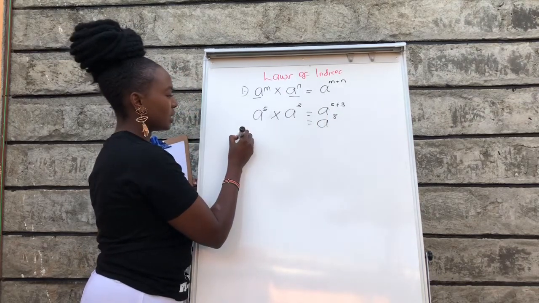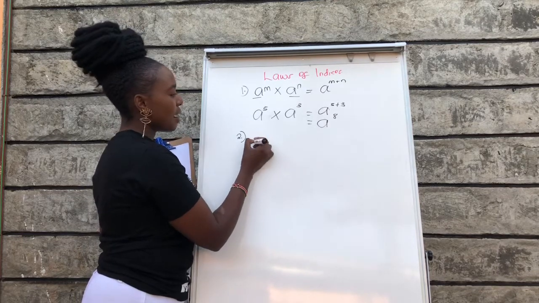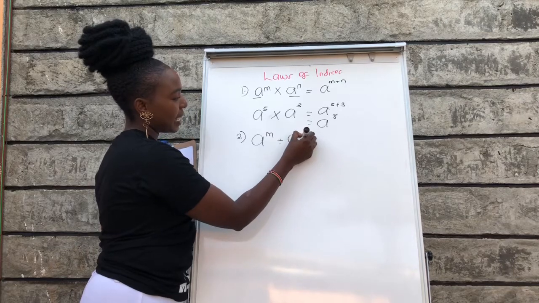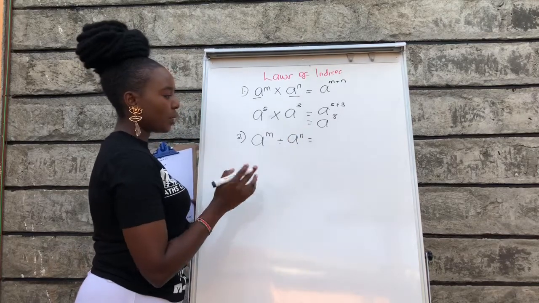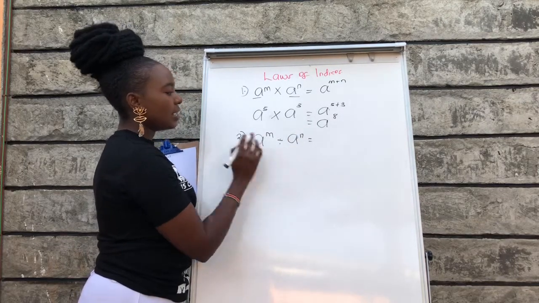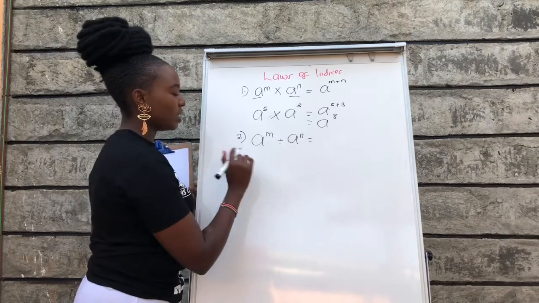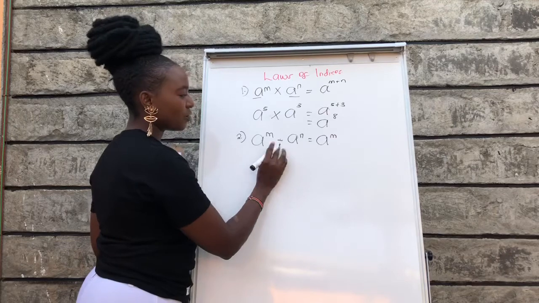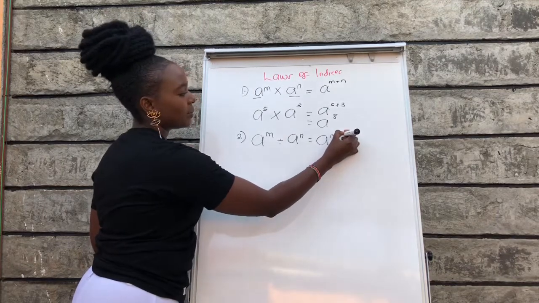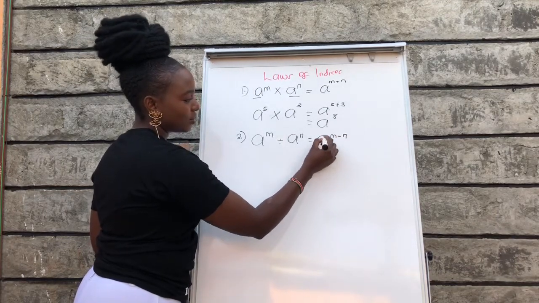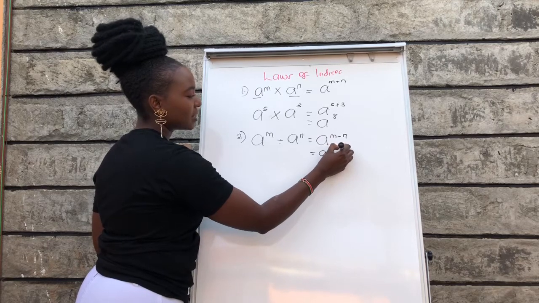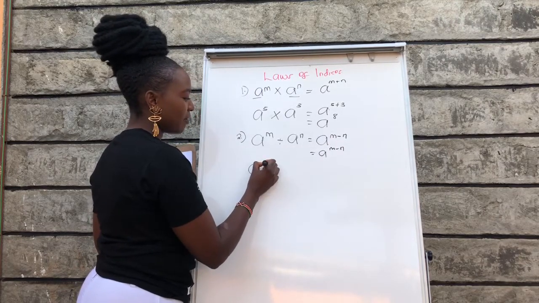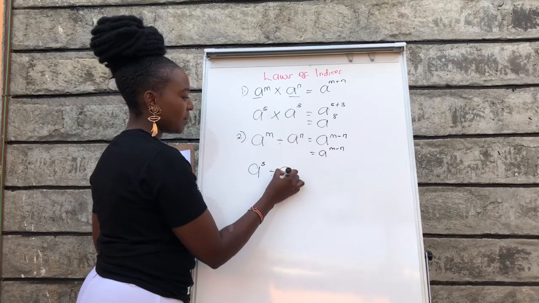Now let's look at the second concept. When given a^m divided by a^n, with a division sign, you subtract the powers. So it's a^(m-n). Let's assume we have been given a^5 divided by a^3.